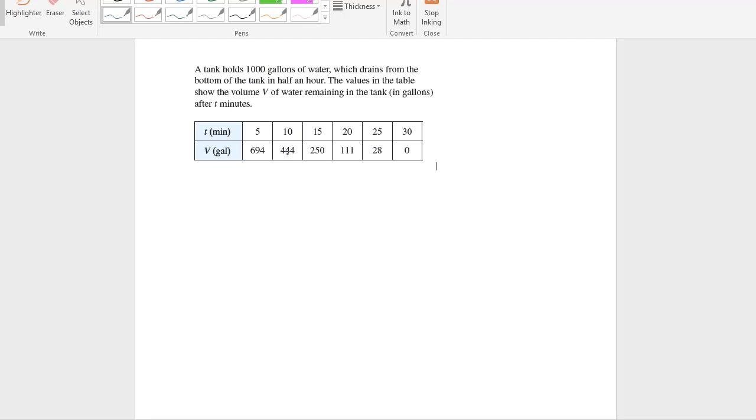After 10 minutes, 444, and so on and so forth. So let's say we want to focus on 15 minutes. So let's say we want to find what's the instantaneous rate of change at 15 minutes.